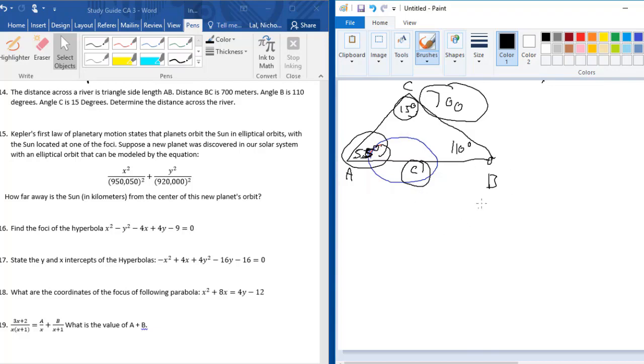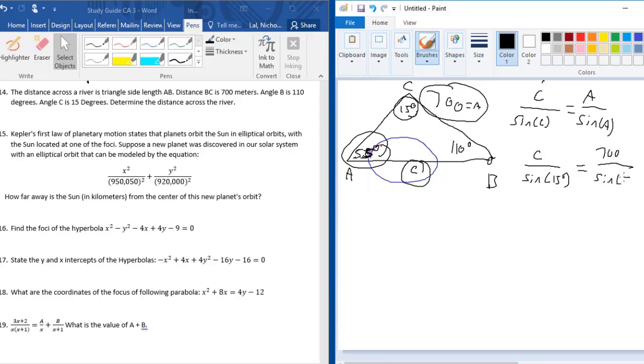So we can say side length C over the sine of C. So once again, this is law of sines. C over the sine of C is equal to side length A over the sine of A. This is using the law of sines. So that means C over the sine of C, which is 15, is equal to A, 700, over the sine of A, which is 55.